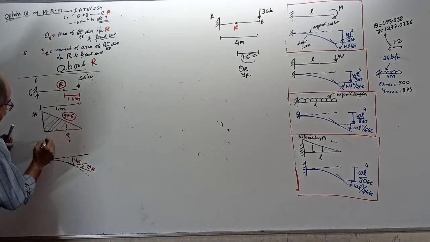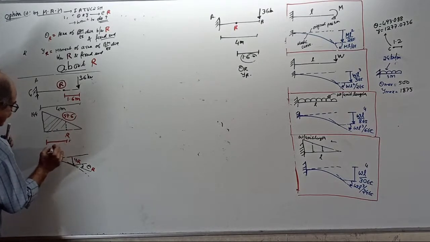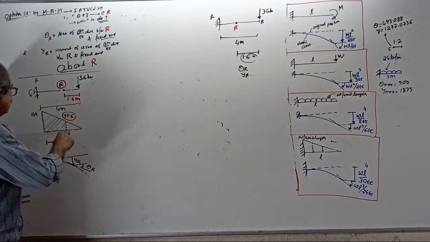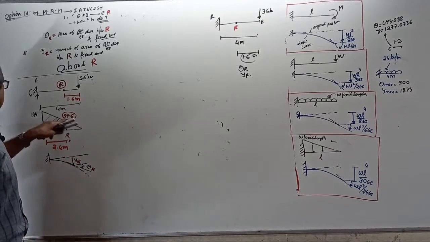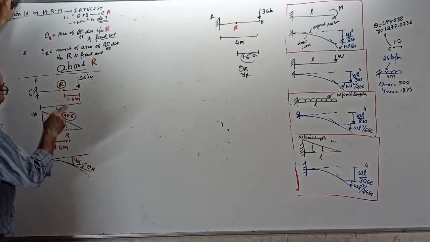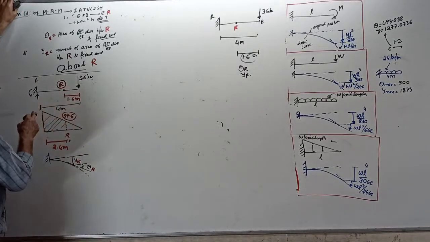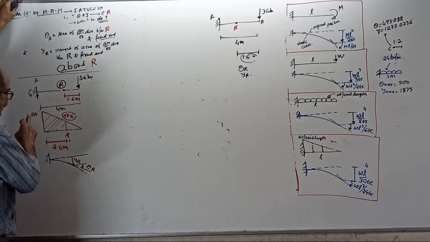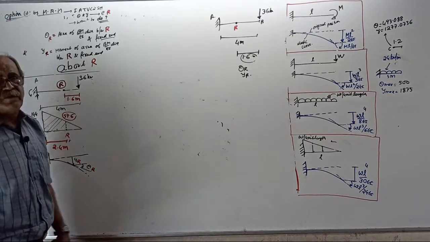If that is 1.6, this will be 2.4 meter. Moment about this point is 2.4 into (57.6 plus 144) divided by 2, into 2.4 by 3 times (57.6 plus twice 144) divided by (57.6 plus 144).